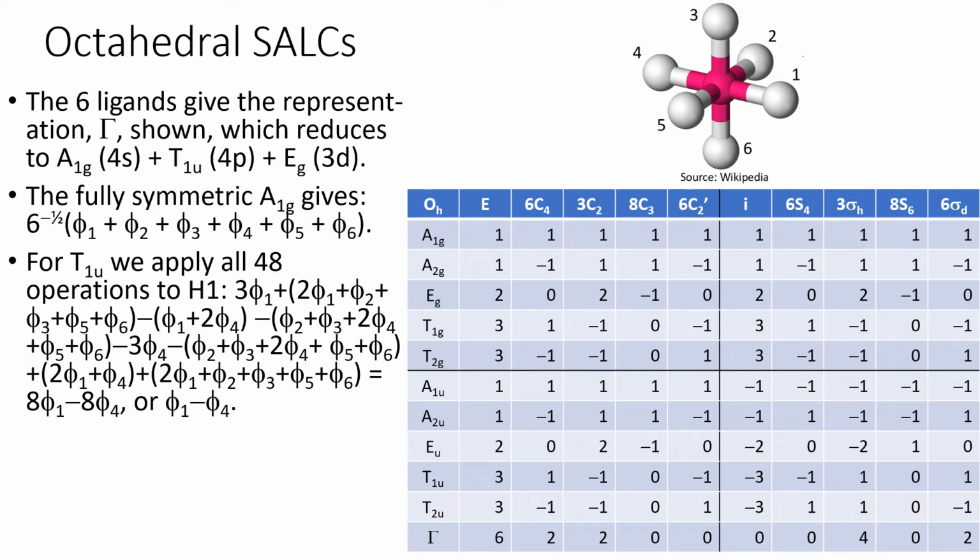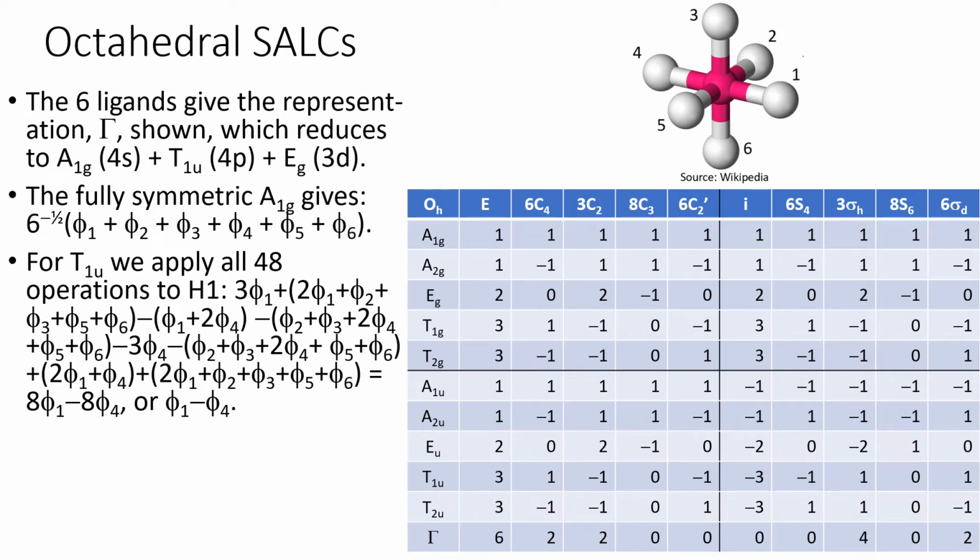Then moving along the row, the next character is -1, so we've got a minus in front of the 3 C2 operations. Then we can forget about the C3 operations because there's a 0 for that character. Then onto the C2 prime, so these C2 axes will bisect the ligands rather than being on the Cartesian axes. And then we're on to I, reflecting through the centre of the origin.